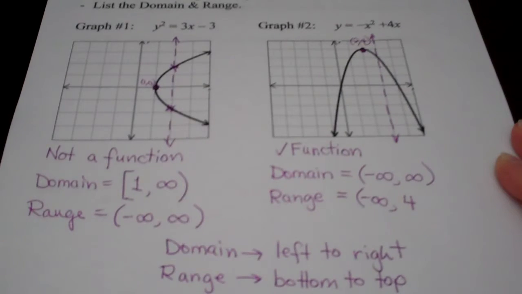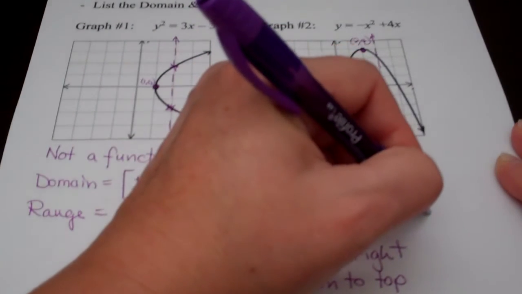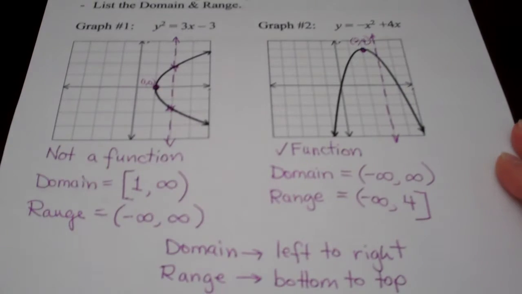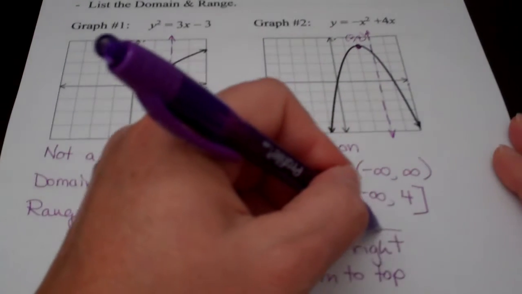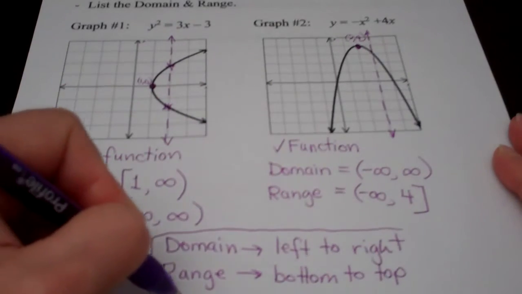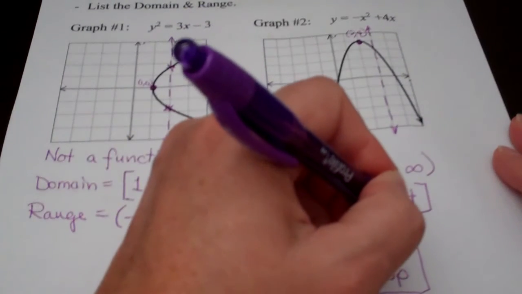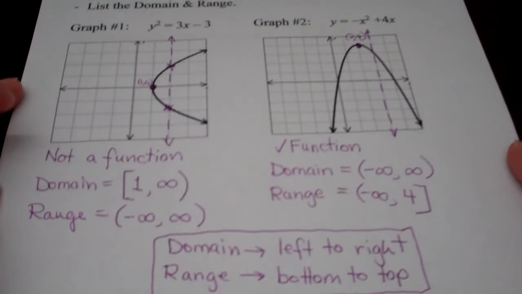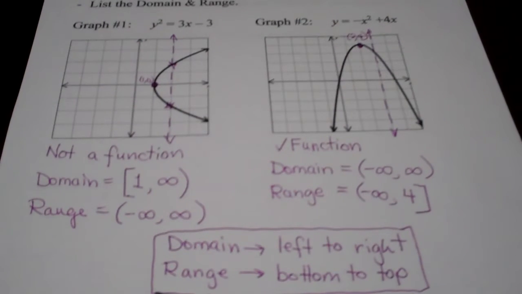And because that point is included, we want to use a square bracket just to show that it's included. Okay, so this is a skill that's going to take some practice. So take some time looking at graphs and practicing writing down their domain and range using interval notation.